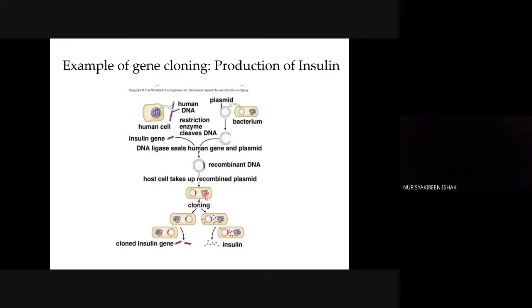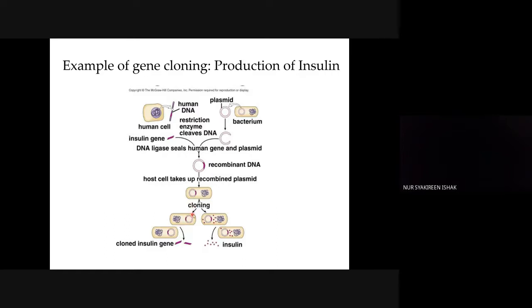Okay, it has been transformed into recombinant bacteria which has the plasmid that has the foreign DNA. So awak tahu ciri bakteria dia akan replicate banyak kali, kan, sebab it is bacteria, it will replicate very fast. So when the bacteria replicate very fast, it also copies the gene of interest. So that is the process of cloning. It makes many copies of the gene of interest when the bacteria is dividing.